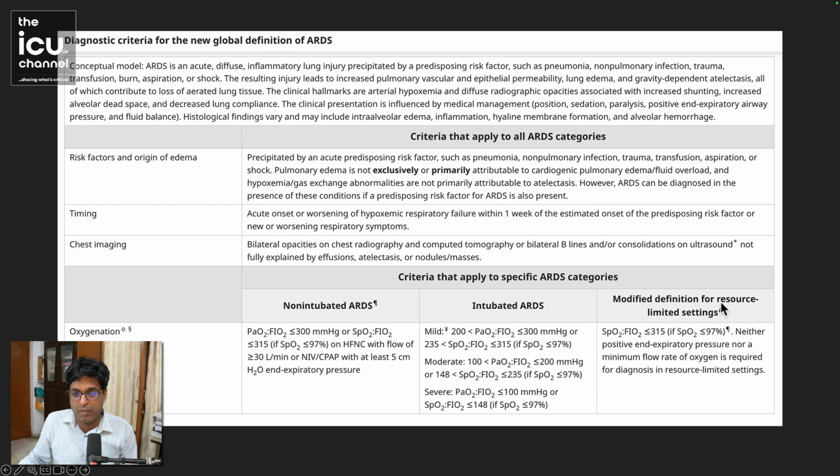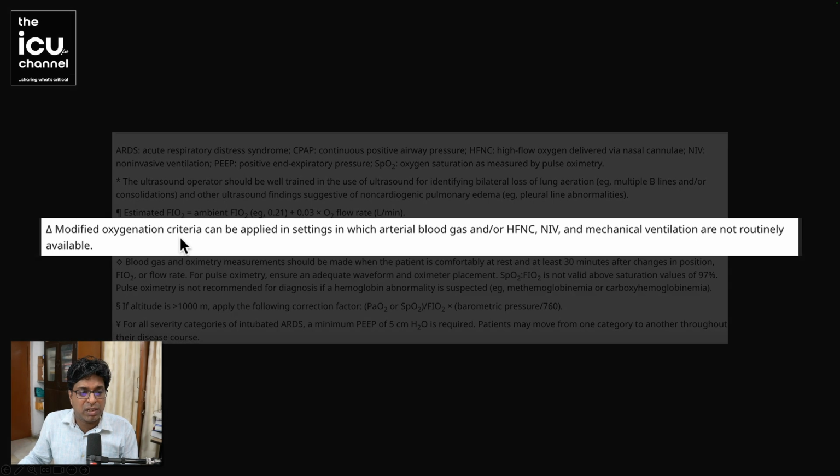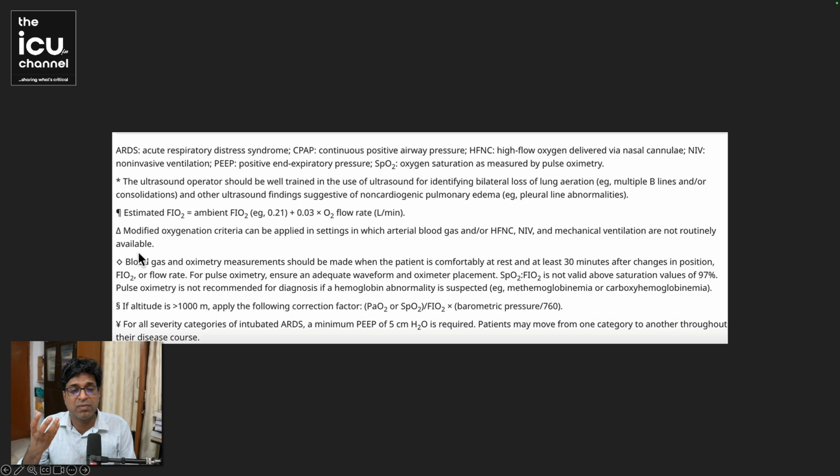This is the modified definition in resource limited settings. Modified oxygenation criteria can be applied in settings in which arterial blood gas and/or HFNC, NIV and mechanical ventilation are not routinely available. So this is a very good thing which is being added.